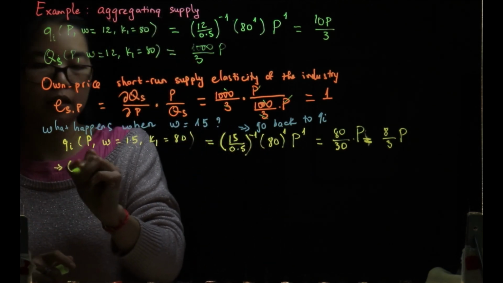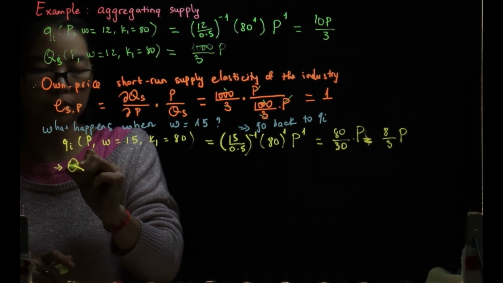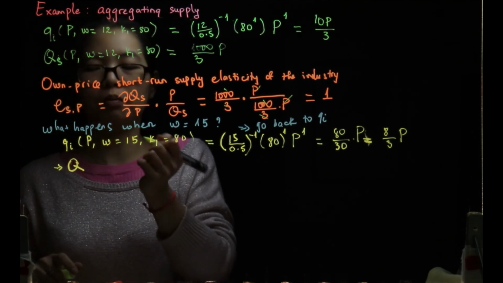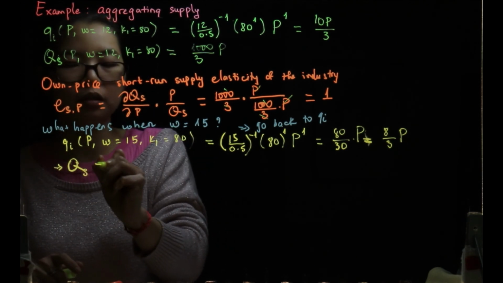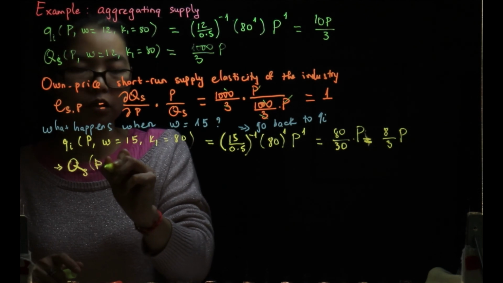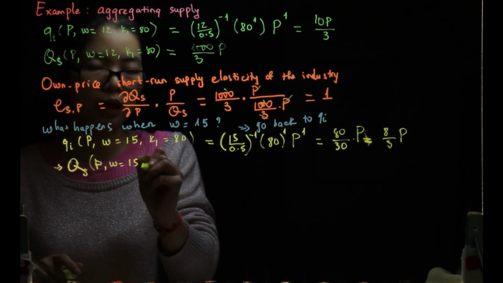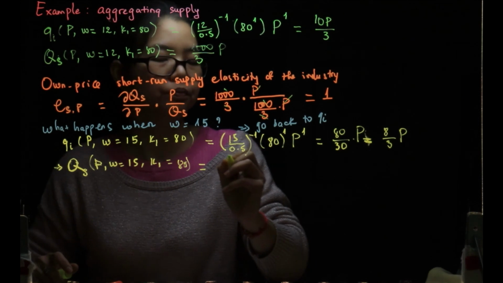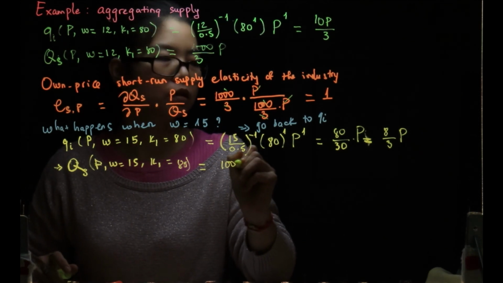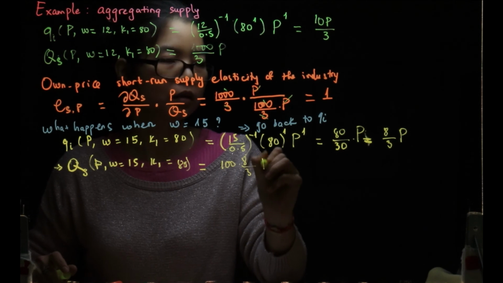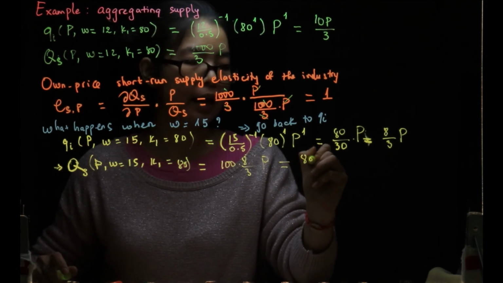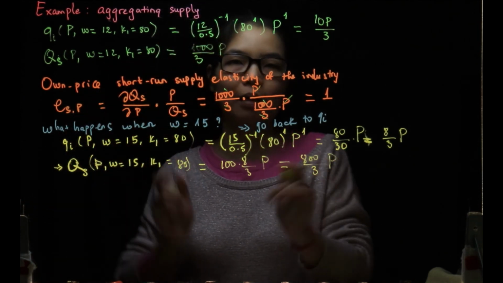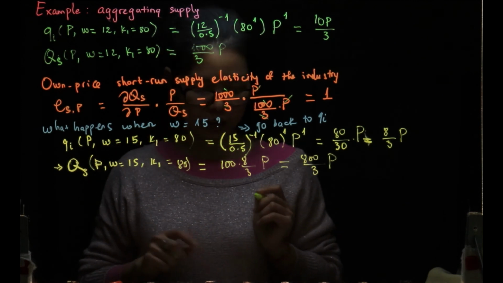So, again, just like before, because we have the same number of firms and they are identical in input and output price, we have QS, function of P, W is 15, K1, 80, equals 100 times 8 over 3, P equals 800 over 3 times P. Now, this is what happens when W increases.